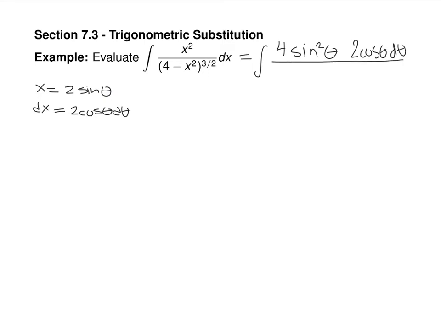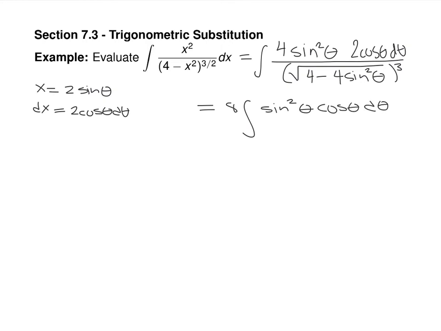In my denominator, I'll have the root of 4 minus 4 sine squared theta, all that business cubed. So in the numerator, we have 8 sine squared theta cosine theta d theta. In the denominator, that 4 factors out. The whole thing is cubed.